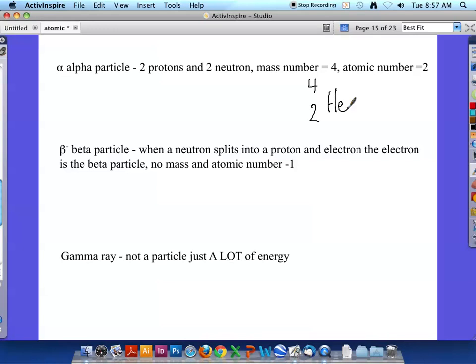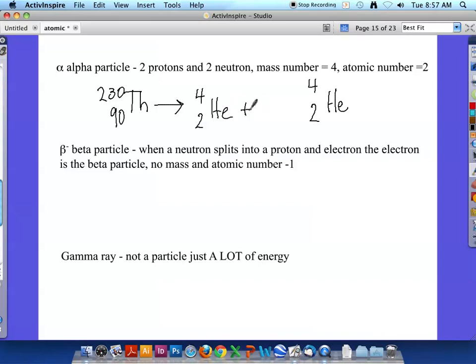So if you have an element, for example, thorium-230, and it undergoes the release of an alpha particle, what atom does it become?